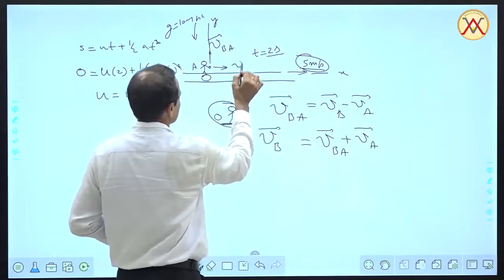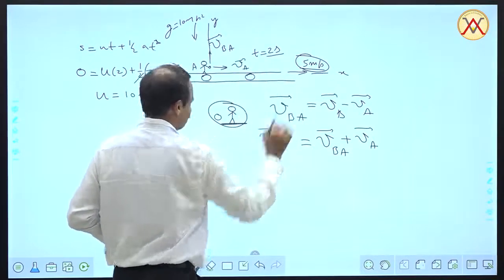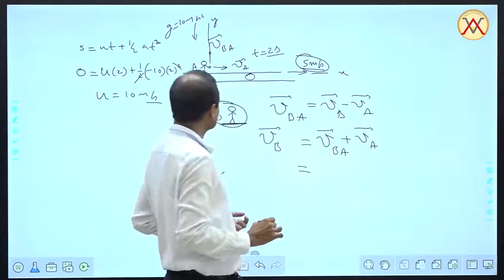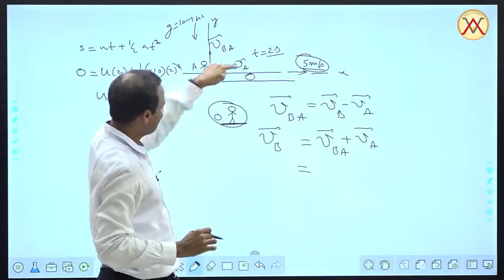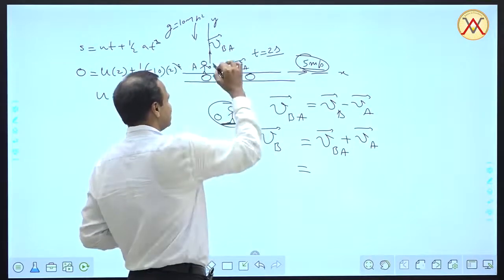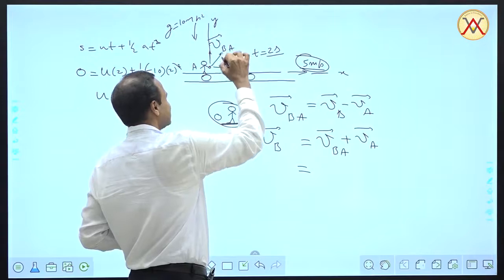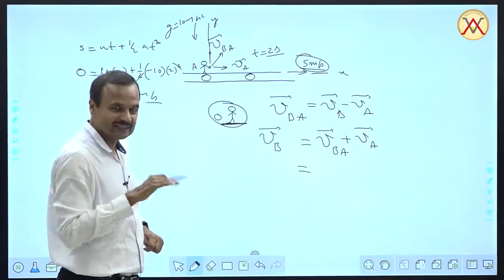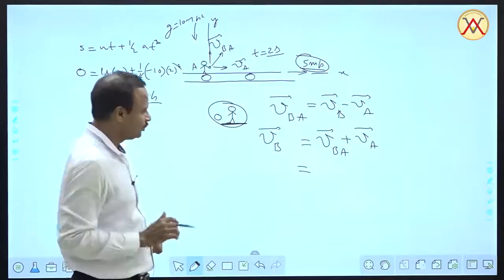VA vector was this one and it has a magnitude of 5 meter per second. So VB vector has both components, vertical as well as horizontal. That means as seen by this observer, the velocity of ball is something like this. It is inclined, neither horizontal nor vertical, it has both components.